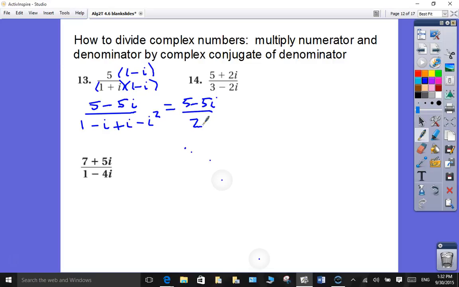Now, what would I multiply the number 14 by to make the denominator not imaginary? What should I multiply by? 3 plus 2i.